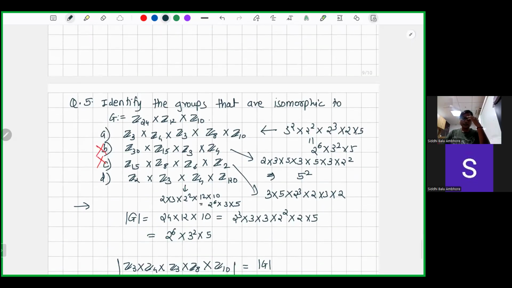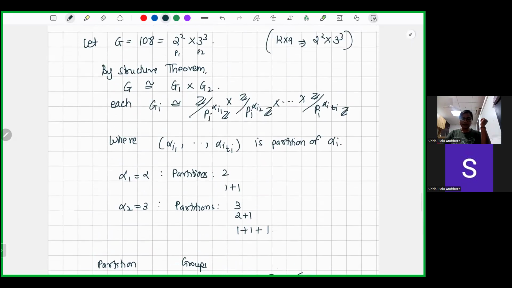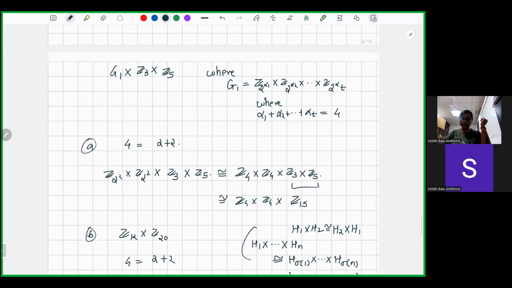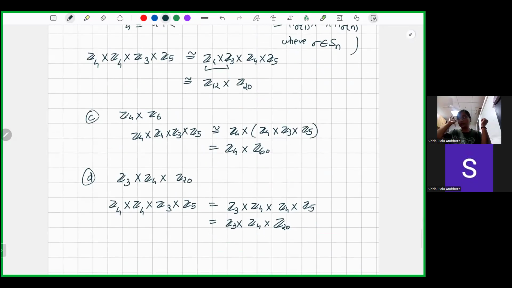Because if I take some other partition of this group here, what was my example? The example has cardinality 240, right? In the earlier case, it was 240.